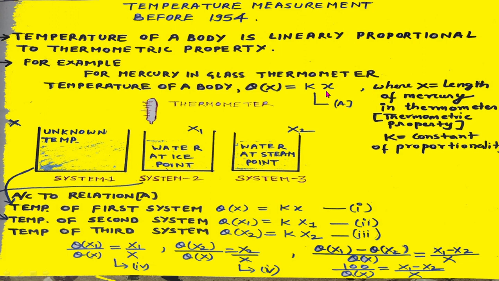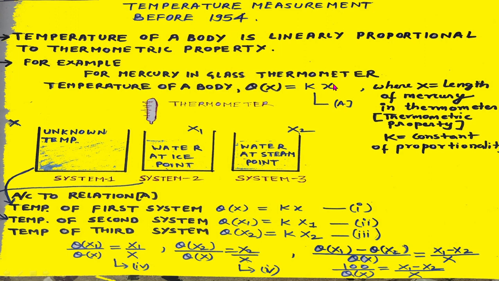So here in case of mercury in glass thermometer, x is the length of the mercury column in the thermometer. So temperature of any body is directly proportional to the length of the mercury in the thermometer, which is a thermometric property. Now let us discuss the method which was used in 1954 based on the concept that I have already told you.